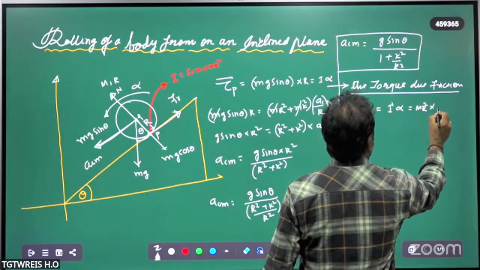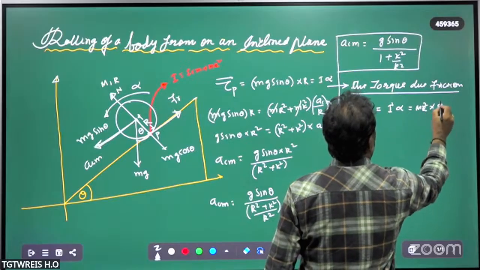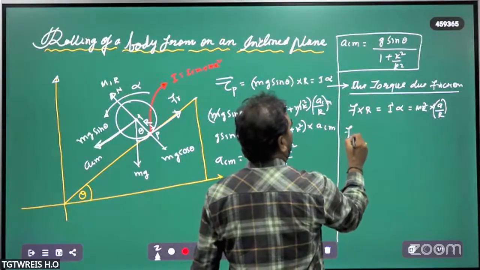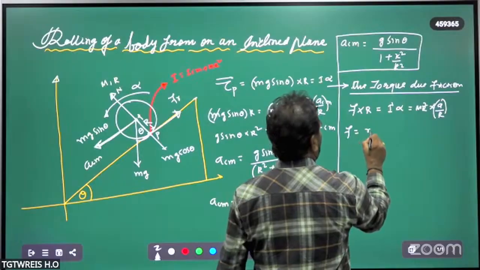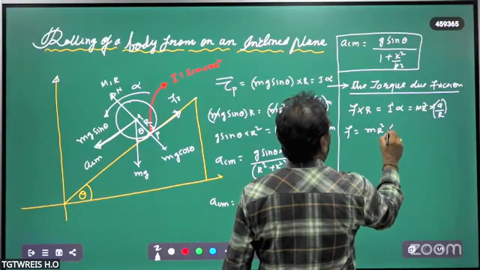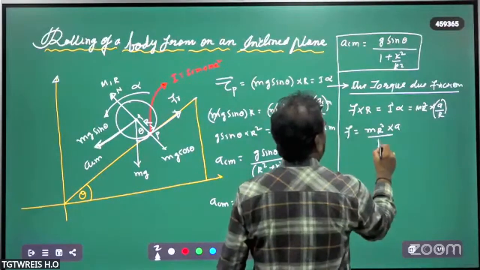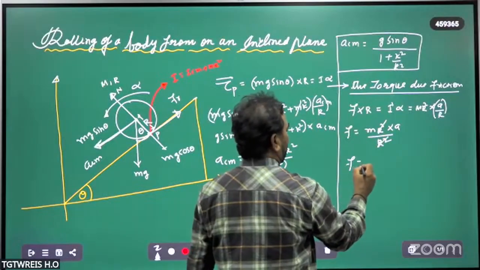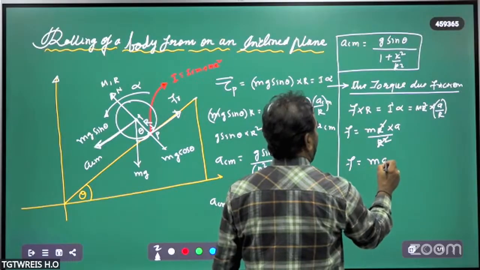Alpha value is nothing but A upon R. So from this, the friction force is given by F is equal to mR square into A upon R square. R square will get cancelled out. Therefore, F is equal to mA.